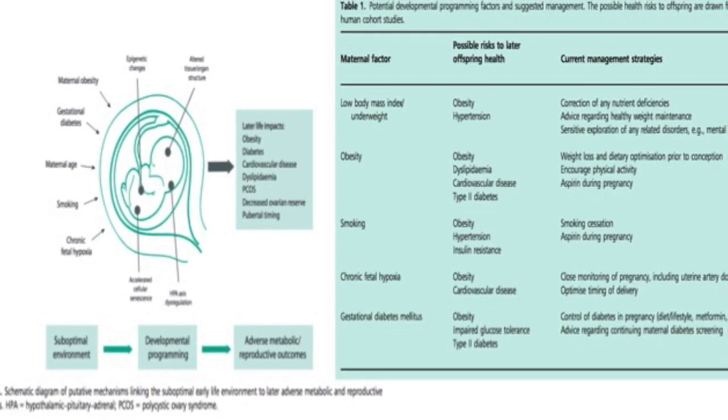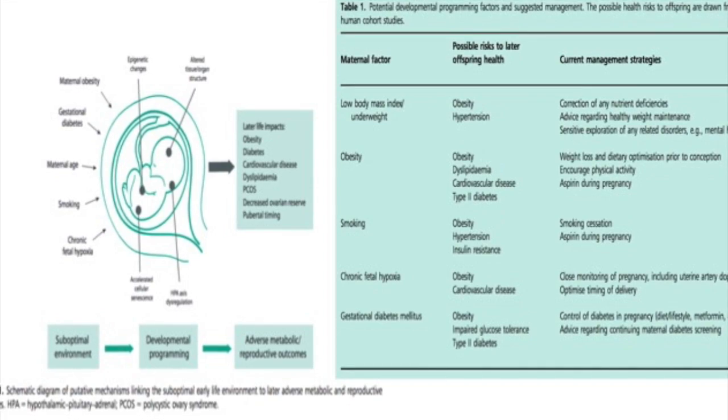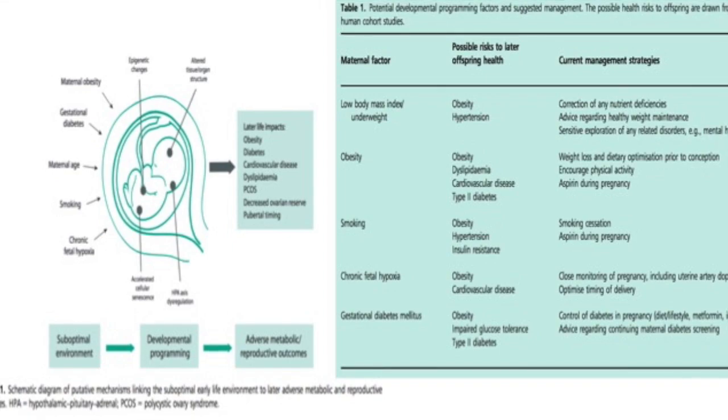So it's the suboptimal environment that causes developmental programming changes, which then lead to adverse metabolic and reproductive outcomes.